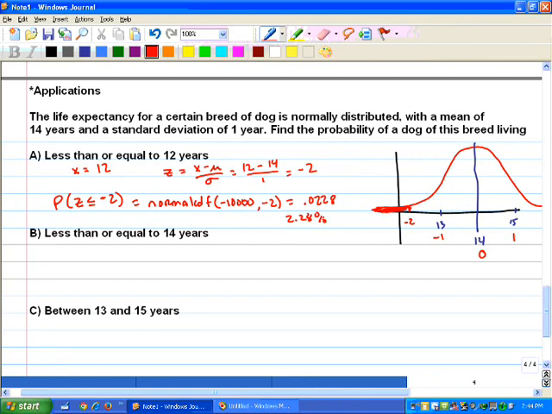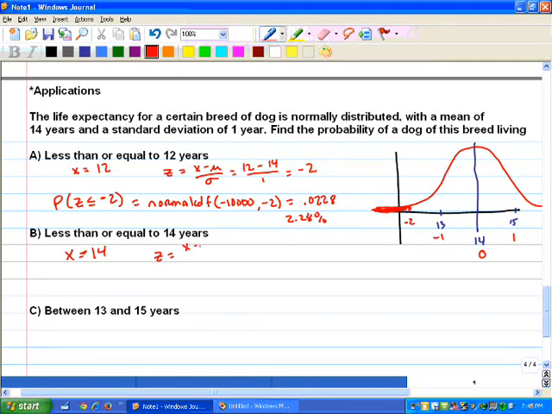If we want the probability that the dog lives less than or equal to 14 years, we're going to find the z-score for 14. Remember, the mean is 14, so our z-score should be 0. The mean of the standard normal curve is 0. The mean of this curve is 14.